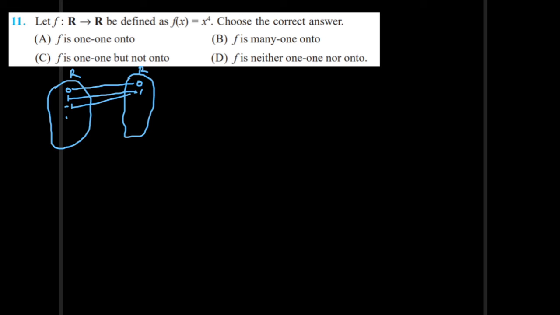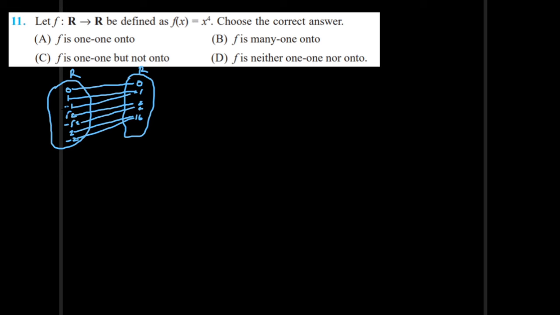You can take root 2 raised to 4, 4, minus root 2 also 4. Then 2 is mapping to 16, 2 raised to 4 is 16, minus 2 raised to 4 also 16.